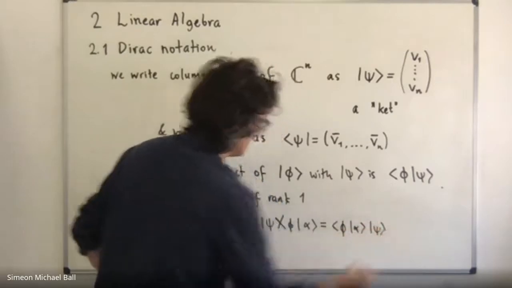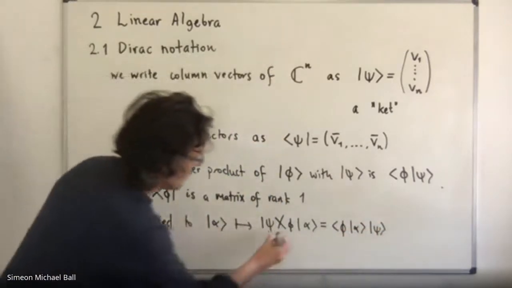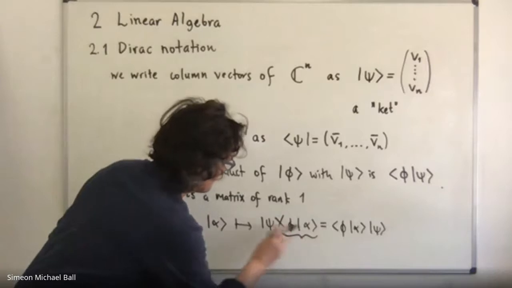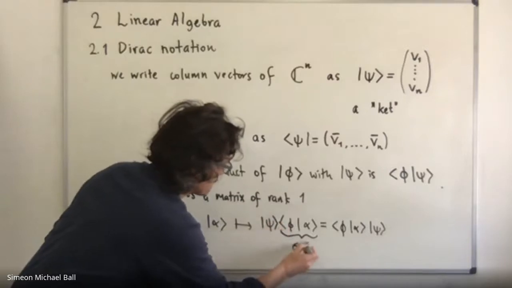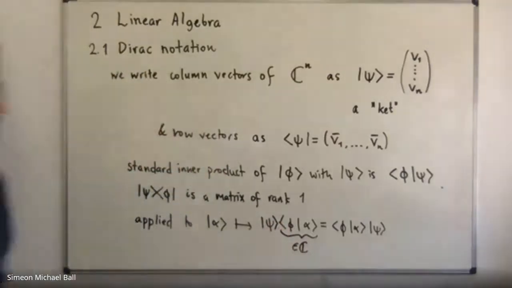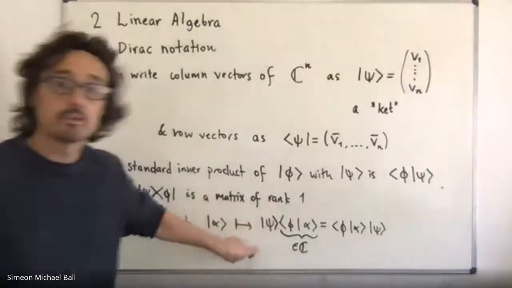Because what you have here is just some complex number, a scalar which you can move in front of your vector.